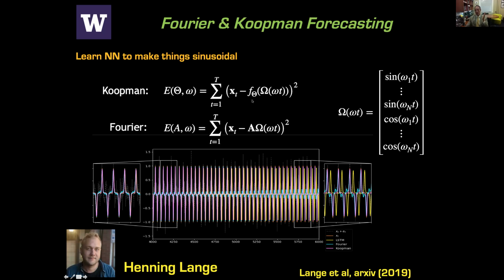So that's what this does. It's a neural network that takes signals like this and tries to make them as sinusoidal as possible. And in that coordinate system, it is very easy to represent them in terms of a small number of Fourier modes. All right, that's the goal.